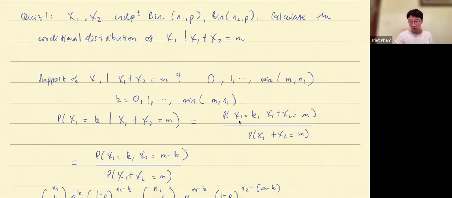If x1 and x2 are independent binomials with the same success probability, then what's the distribution of the sum?